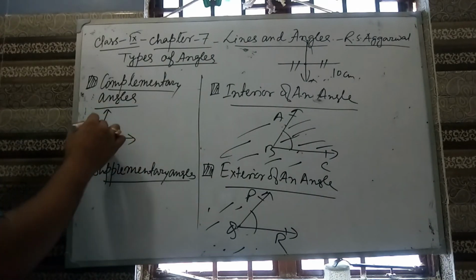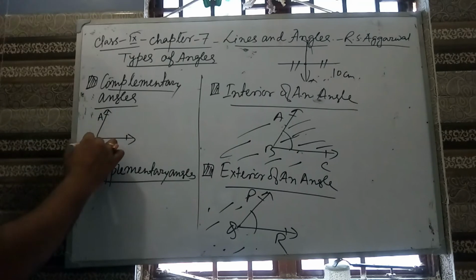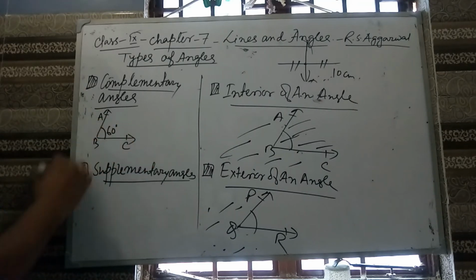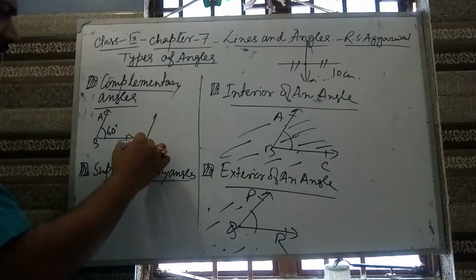Suppose measure of an angle ABC is 60 degree.